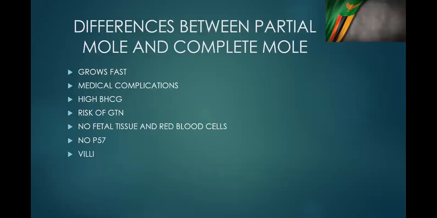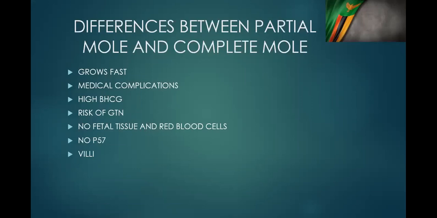So what are the differences between partial molar pregnancies and complete molar pregnancies? So we've already talked about the genetic difference, which is that partial moles have maternal chromosomes there. Complete moles have no maternal chromosomes there.